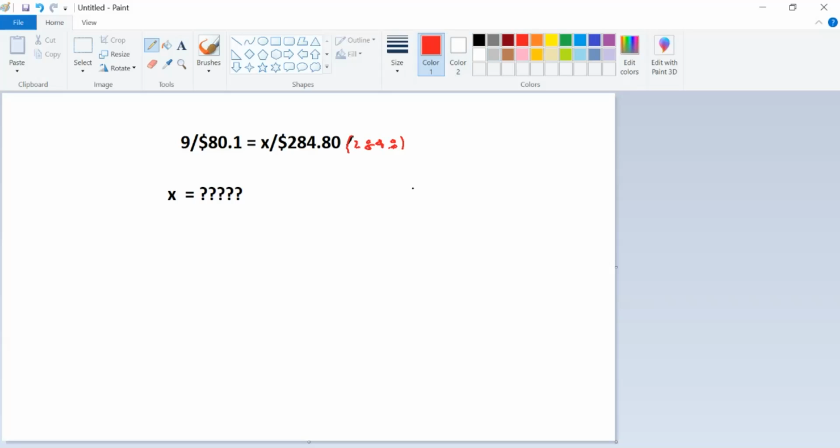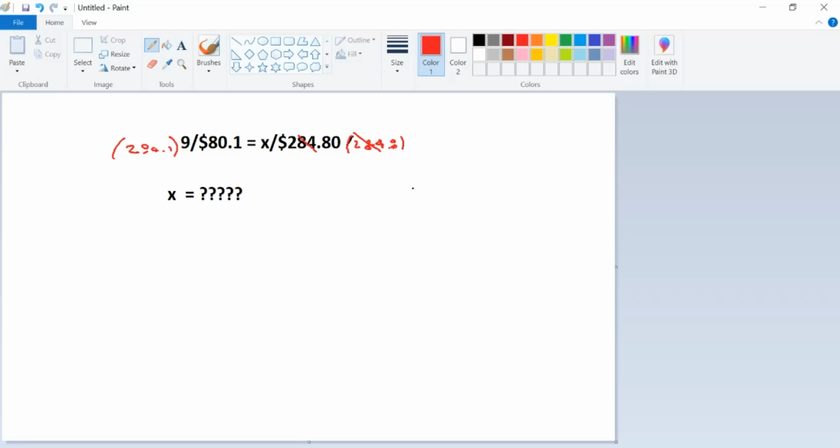You're going to multiply it by 284, and you do the same thing over here. And by doing so, this is on the bottom, that cancels out. So you're putting the 284 on top over here. So I'm going X times 284.80, right? Well, you're going to leave X by itself on this side, right? Yeah. And then on the other side, I'm going 284.80 times 9 divided by 80.1. Exactly.